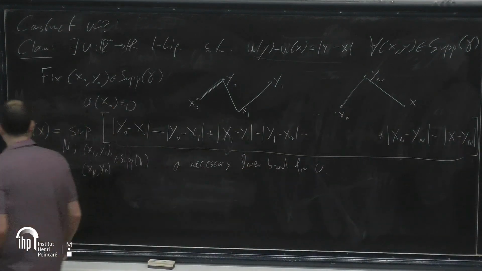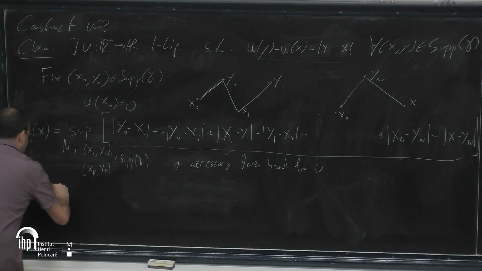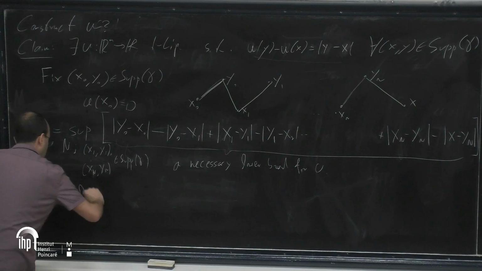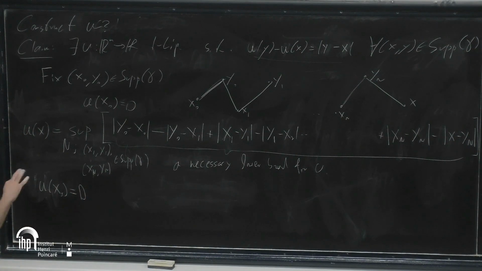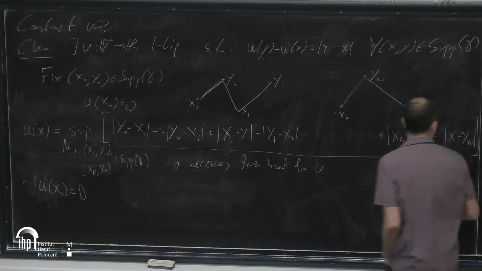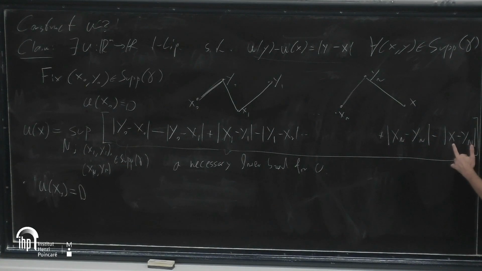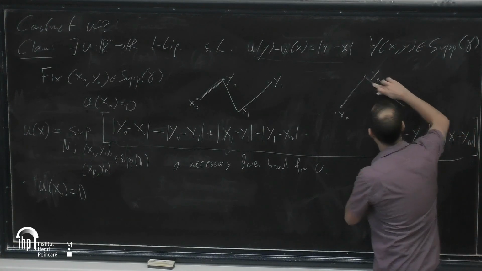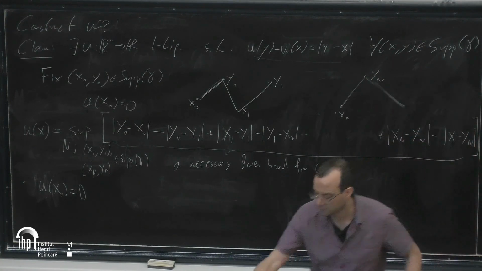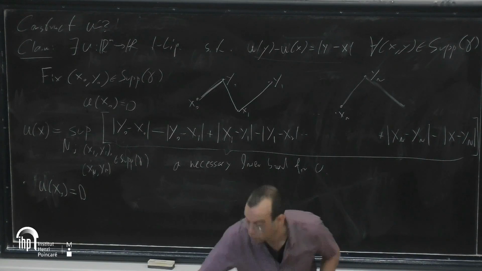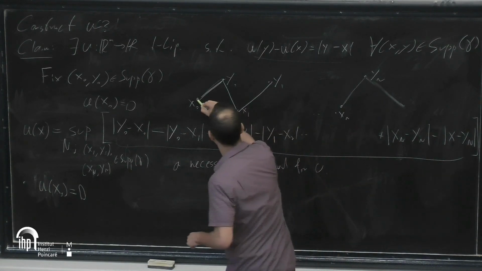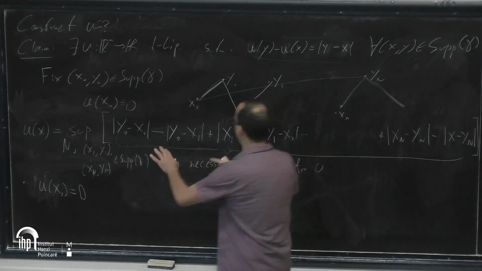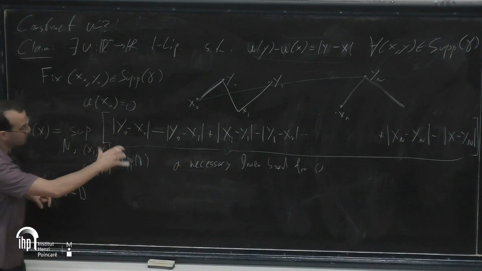Let's see why it works. First question: why is it 1-Lipschitz? Okay, let's first see why u of x0 is actually 0. With this definition, it's not completely obvious. If I put here x0, so the green line goes back to x0, I get some permutation of the points, which is just a cyclic shift by 1.